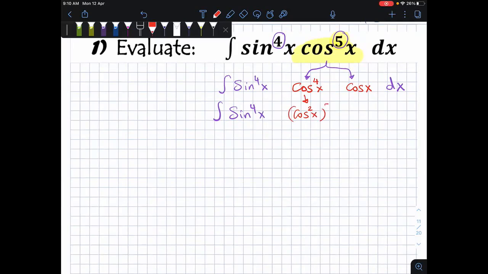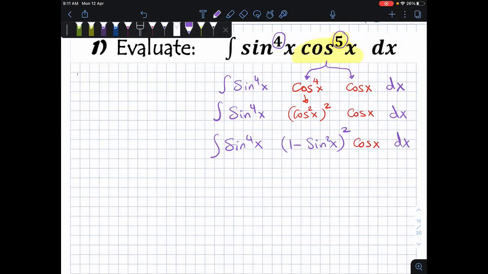Cosine squared x all squared times cosine x, and then use u substitution, and before u substitution use the relevant identity. Sine to the power of 4x, the relevant identity here is 1 minus sine squared x, and this all to the power of 2, and leave the cosine x and the dx.